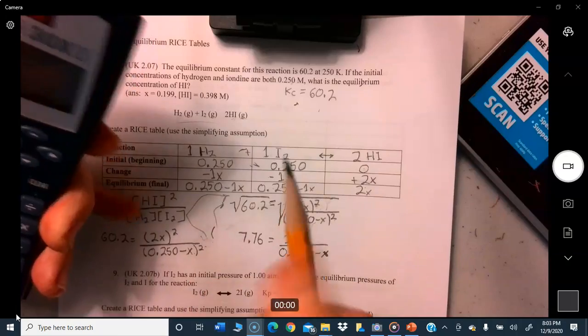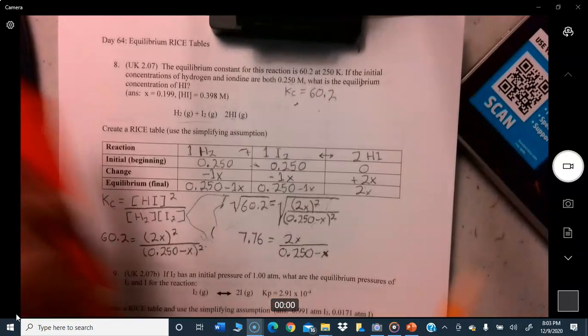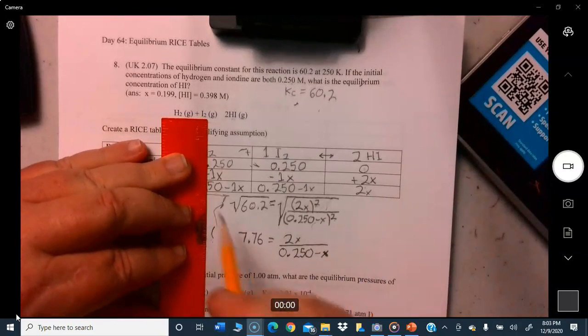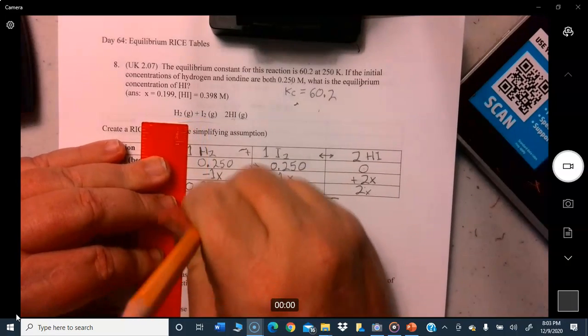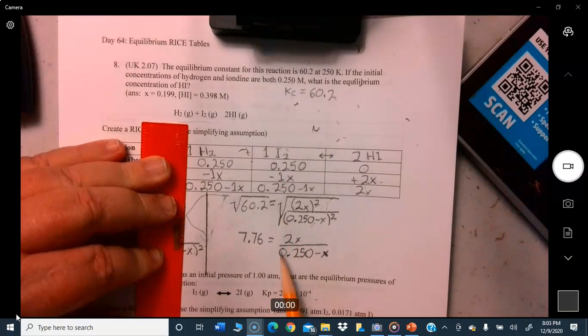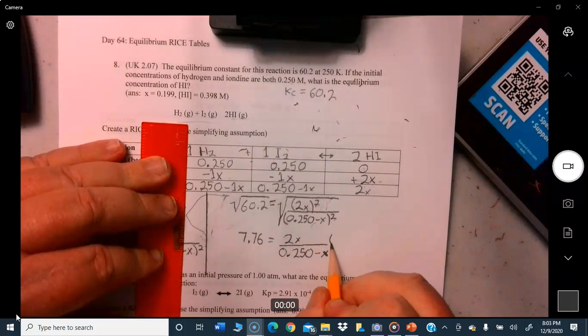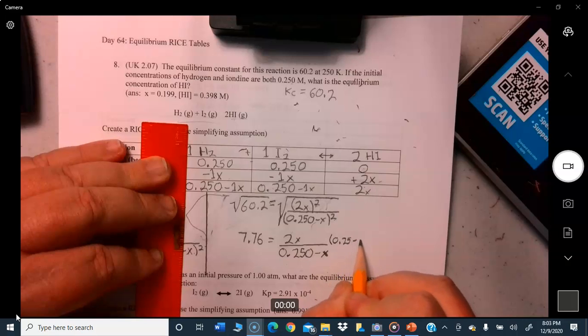I have the space here. Let me partition this so you can see what I'm doing here. Get rid of this arrow. I don't really need it. Okay. So I'm going to multiply both sides by this. They cancel.